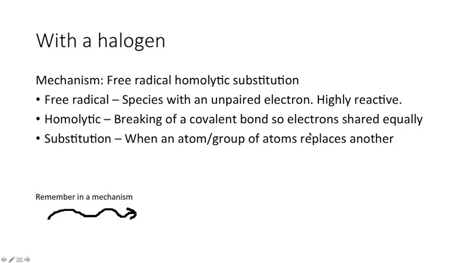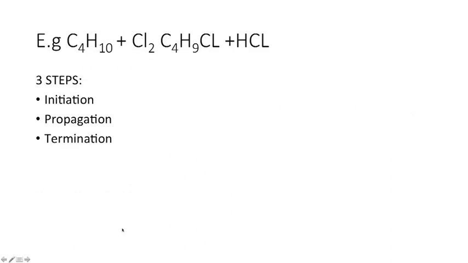Remember, in a mechanism, a curly arrow with both these bits here means the movement of 2 electrons, or a pair of electrons, as opposed to this one, which only shows the movement of 1 electron. So, for example, let's take this one here.